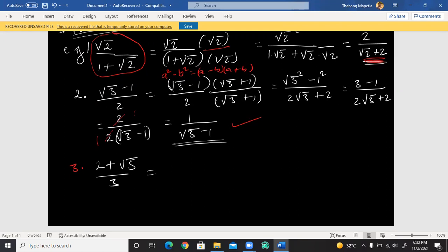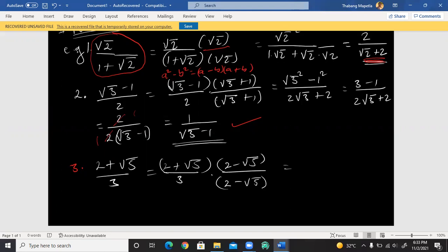Change the sign of the second one as I advised you, and that will be the conjugate. So we're going to have 2 plus root 5 over 3 times, and we can put brackets because it's a binomial, 2 minus root 5, above and beneath. And then multiply everything.